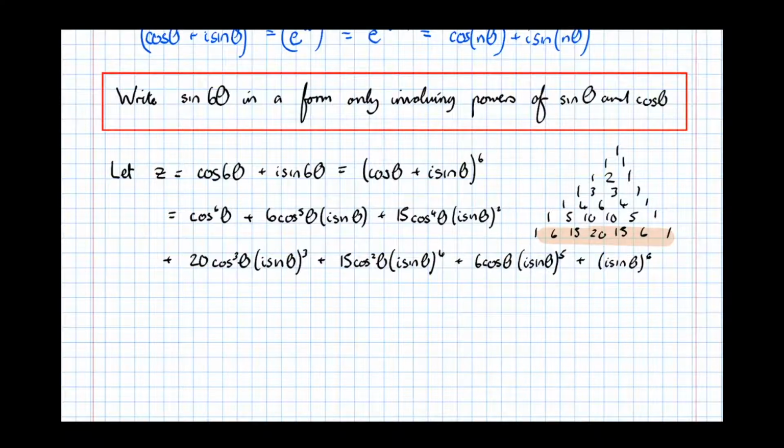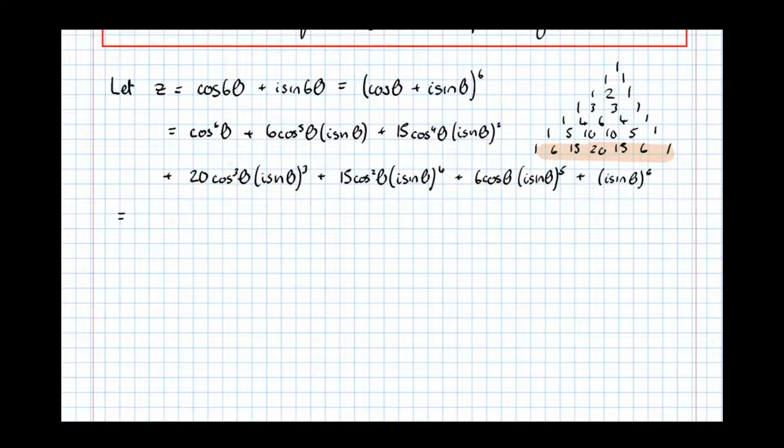And simplifying that, I'm only going to write the real parts first. Cos to the 6 theta, that's a real part, I'll take that one off. The next real part will be this one, because we've got an i squared. (i sine theta) squared is i sine theta times i sine theta.